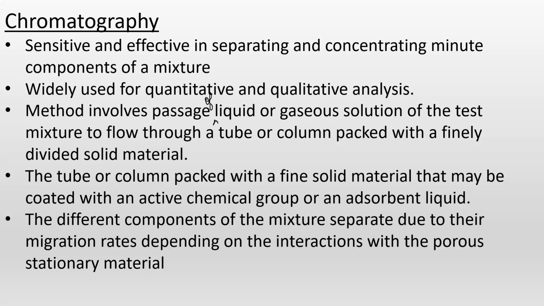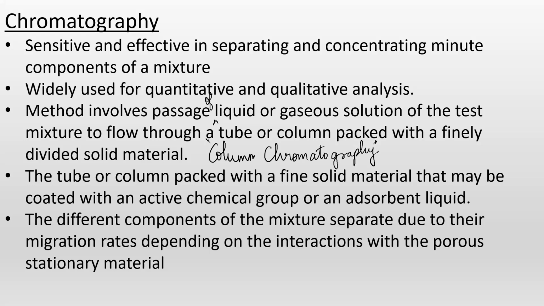So we saw different types of column chromatography techniques also. What do you do in a column chromatography technique? You use a certain matrix and pack it into the column, and then you pass the sample through the column. When you pass the sample through the column, the biomolecules will interact with the matrix.